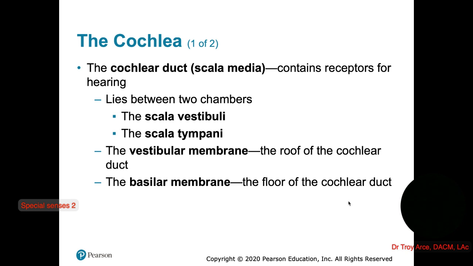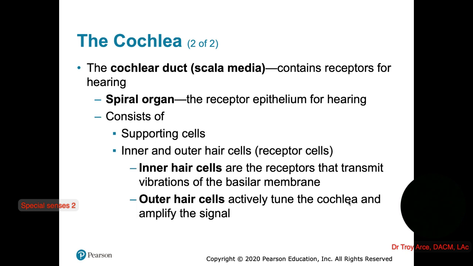I know this is clear as mud now, but I'll let you know what's important. Just understand that the cochlear duct, the scala media, contains receptors for hearing. And it's between two of these chambers called the vestibuli and the tympani. It consists of a spiral organ, the receptor epithelium for hearing.